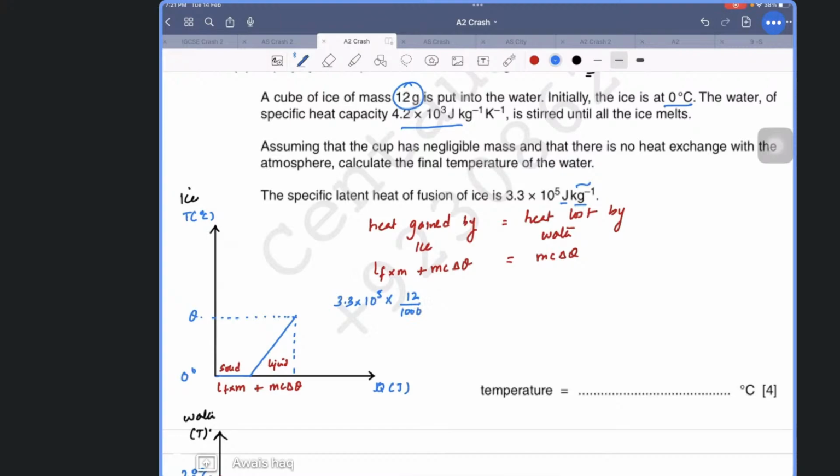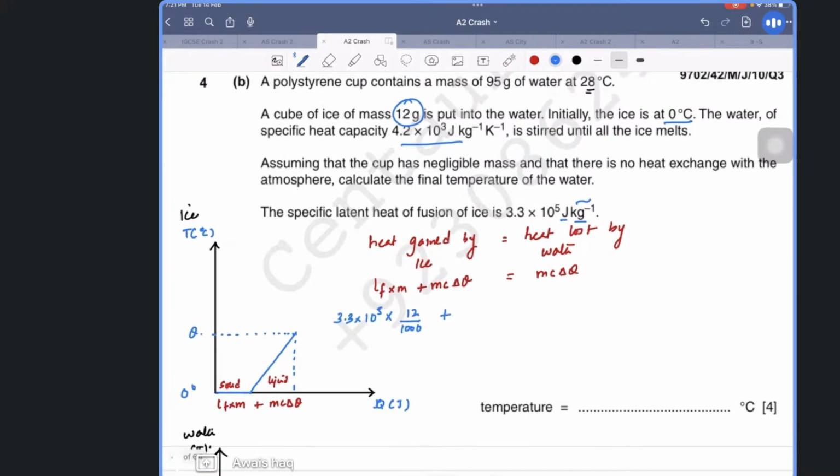Then plus this mass m, which is the same mass when ice melted to water, so I use the same 12 divided by 1000, because the heat capacity of water is also per kg. We write 4.2 times 10 to the power 3. You might be wondering why I'm multiplying by water's heat capacity in the ice section. Because the ice has now fully converted to water, so we need to apply that.